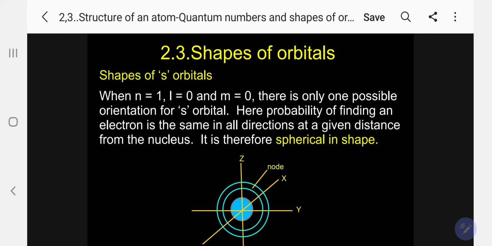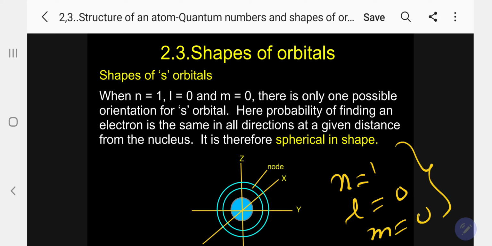S orbital comes when n value equal to 1, L equal to 0, M equal to 0. We have seen this already under the spin quantum number. So L will decide the shape of the orbital. L equal to 0, kindly follow, it is spherical. So 1s means there is only one spherical orbital.